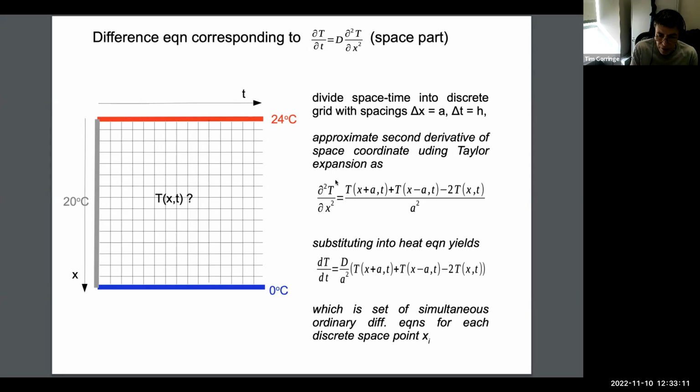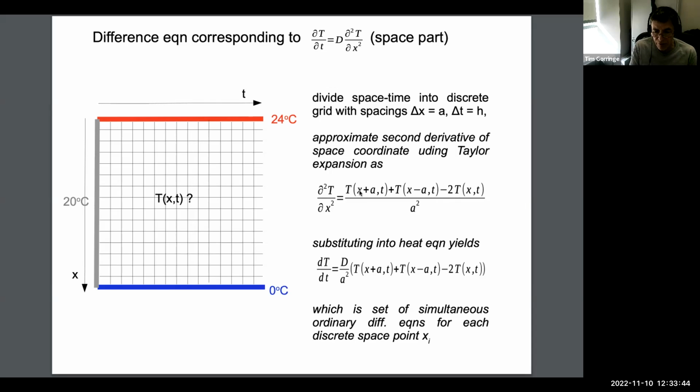So first step, I want to rewrite this partial differential with respect to the space coordinate as a difference equation, and here it is. This is a second order differential that measures the curvature, and using the Taylor expansion, you can rewrite that as this equation here.